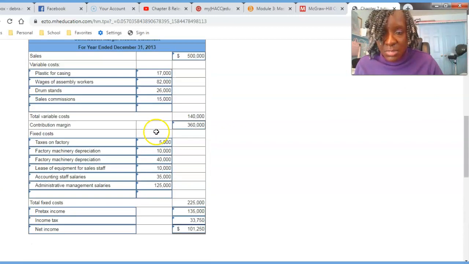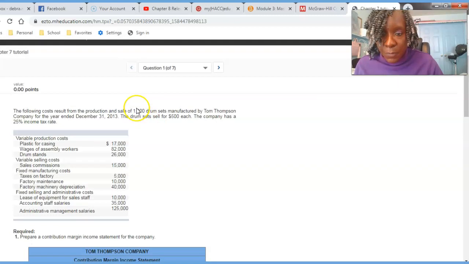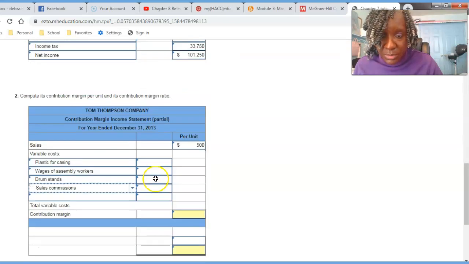Now, how do we determine what the per unit variable costs are? Well, we have some information that is very helpful to us. We know that we're going to be producing 1,000 drum sets. So to find out what the variable cost is, we take the plastic for casing and divide by the number of units. So we take 17,000 and divide by 1,000. That gives us $17 per unit.